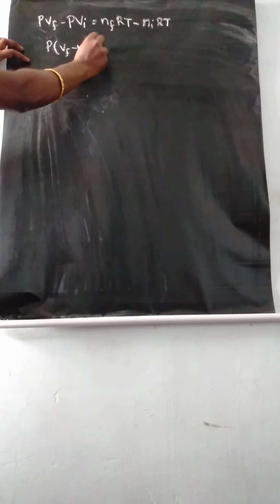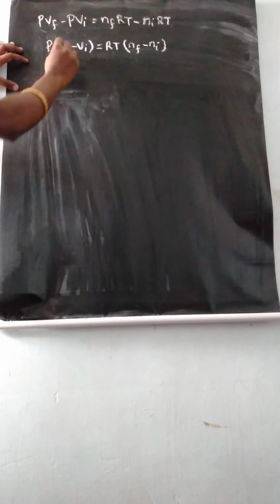See this equation. You can take the pressure outside, so P into (Vf minus Vi) is equal to, and on the right side you can take RT outside, RT of (Nf minus Ni). Understand?